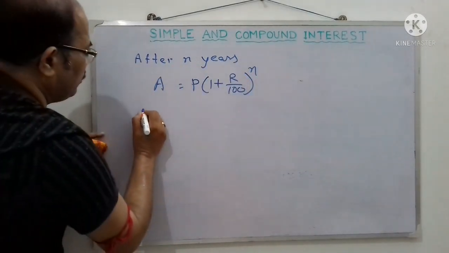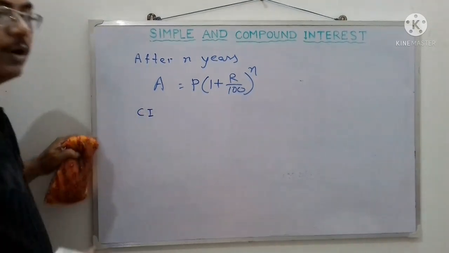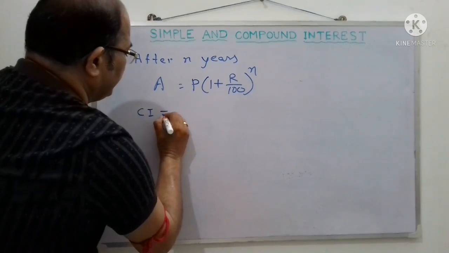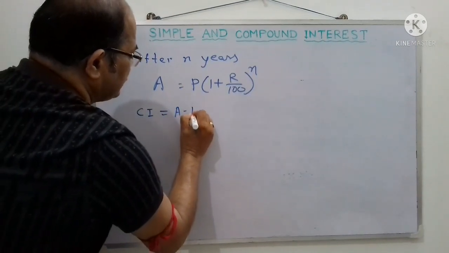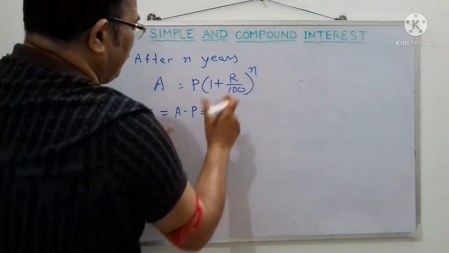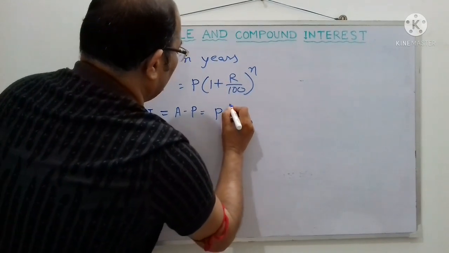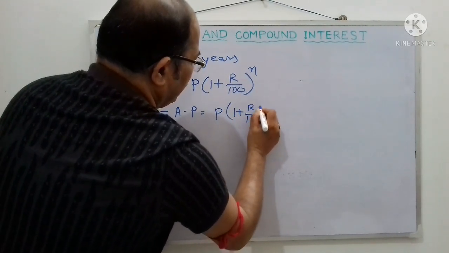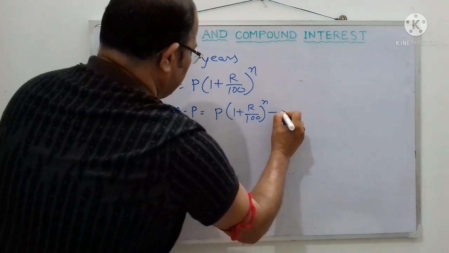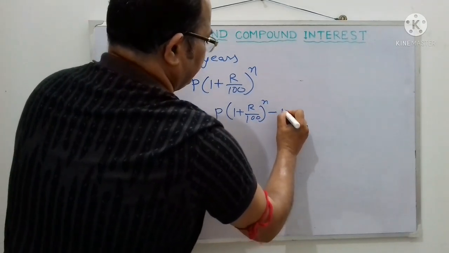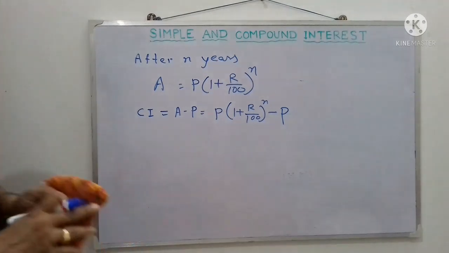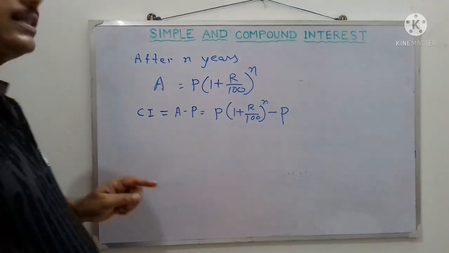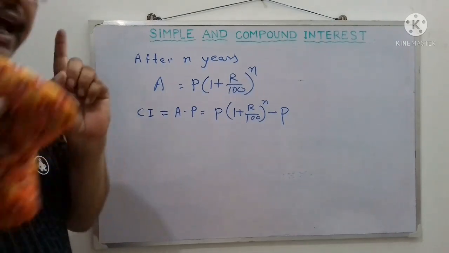Now what is the compound interest? The extra amount which is payable, that means compound interest will be amount minus principal. This is the amount, P into 1 plus R by 100 whole to the power n, minus principal. So we can use this formula for finding out the compound interest if it is payable annually.